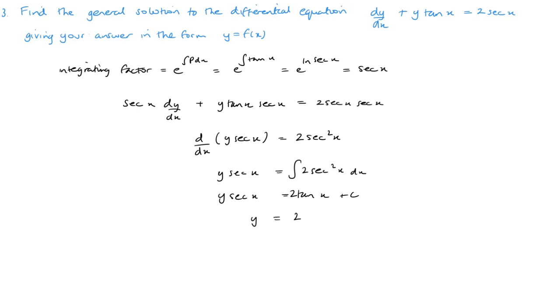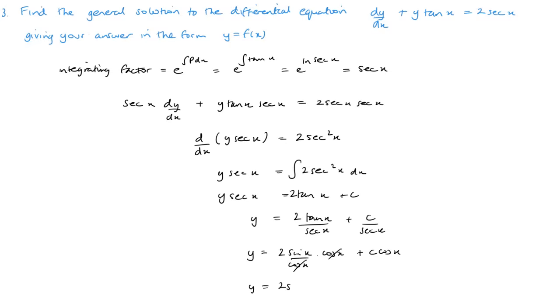So y equals 2 tan x over sec x plus c over sec x, which I can simplify. So tan is sine over cos, and sec is obviously 1 over cos, so this becomes 2 sine x over cos x times cos x, which will cancel there, plus c cos x.